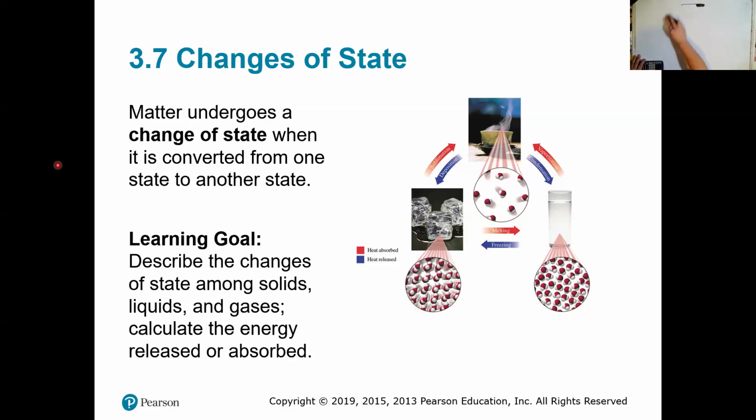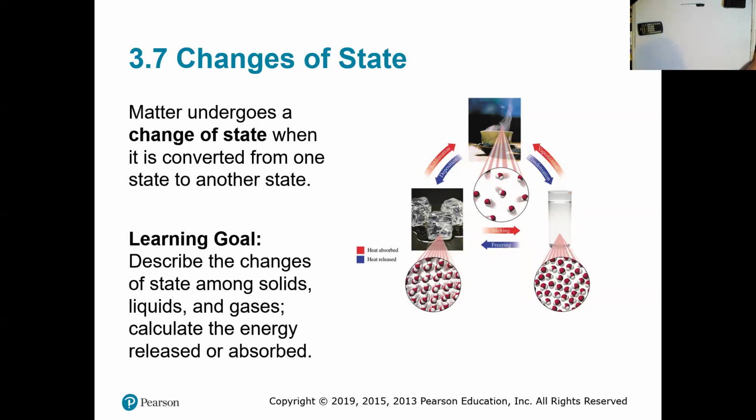So when we talk about a change of state, we're talking about the change of the physical state that something is in. Like solid to liquid, liquid to gas, all of those things are state changes. We're going to look at the energy that's either released or absorbed during these processes.